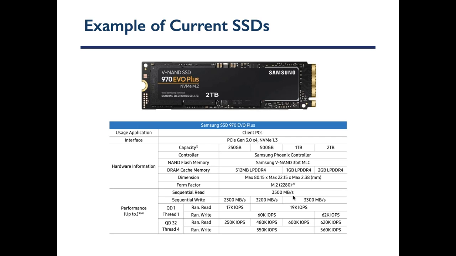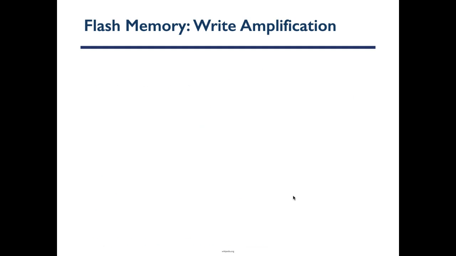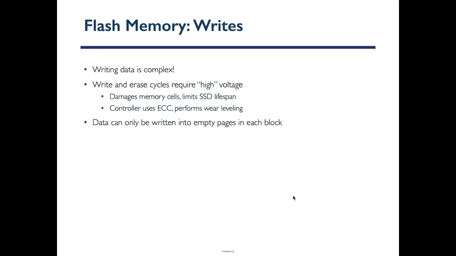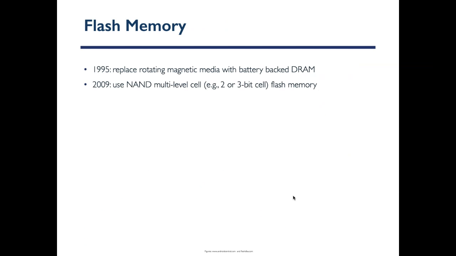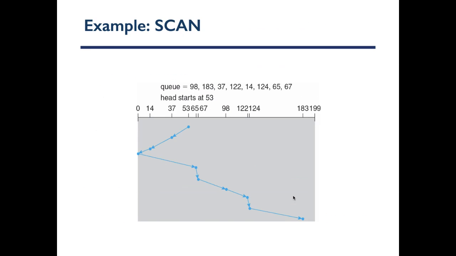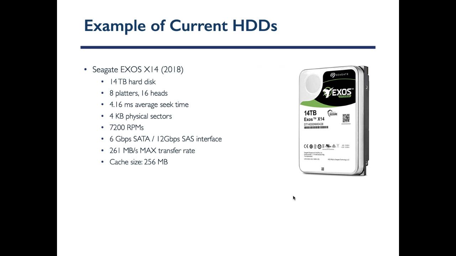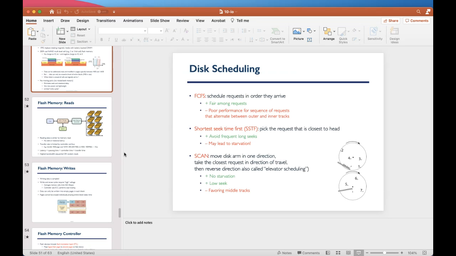Usually orders of magnitude faster when it comes to reads and writes. To compare, here the maximum transfer rate was 261 megabyte per second. Compare that to 3,500 megabyte per second, which is pretty significant.